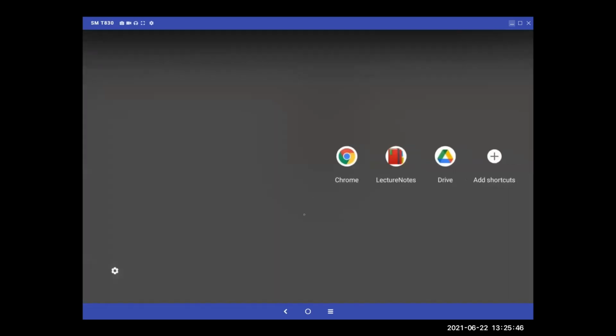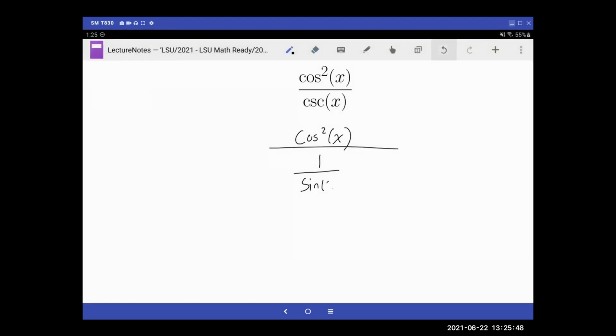Here we go, dealing with a fraction on the bottom again. So we're going to multiply by the reciprocal. So this really becomes, I'll just do it off to the side here, cosine squared x times sine of x over 1.